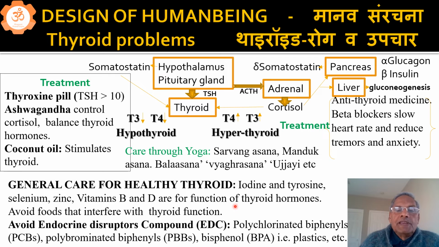And also, if there is a hypothyroid, we should avoid food that interferes with the thyroid functions. What are those? Soya foods, cauliflower, cabbage, and all the vegetables in this category.